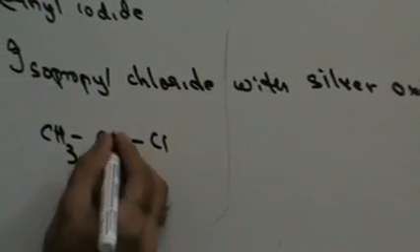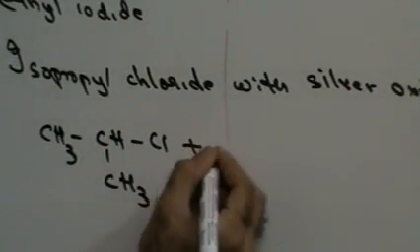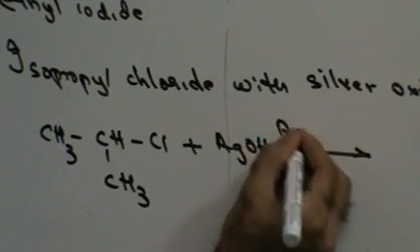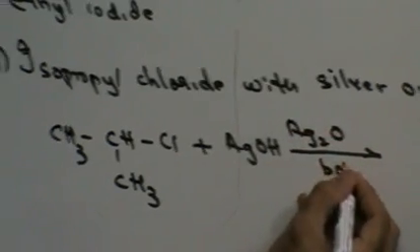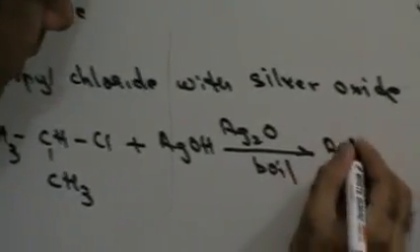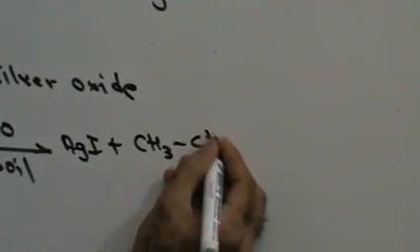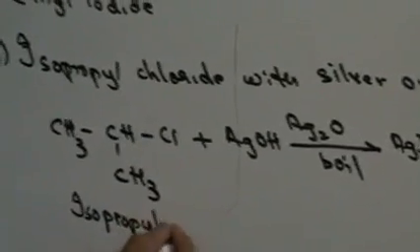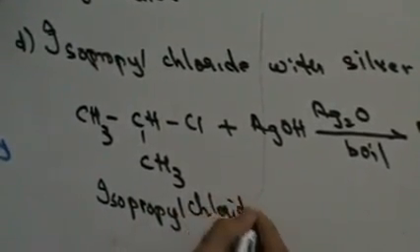CH3, CH, CH3, Cl reacts with silver hydroxide, which is obtained by boiling silver oxide. Right? Substitution reaction, you will get silver chloride plus CH3, CH, CH3, OH. This is isopropyl chloride and this is going to be isopropyl alcohol.